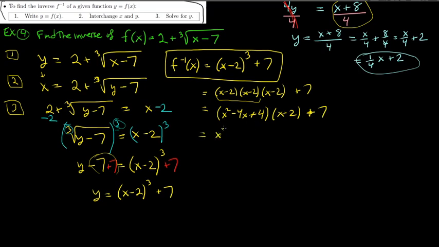And let's see what we get. We get x squared times x, which is x cubed. Then we have minus 2x squared minus 4x squared, which is minus 6x squared. And then we have 4x plus 8x, which I think is 12x. And then 4 times negative 2 is negative 8. And finally, plus 7. So this is x cubed minus 6x squared plus 12x minus 1.